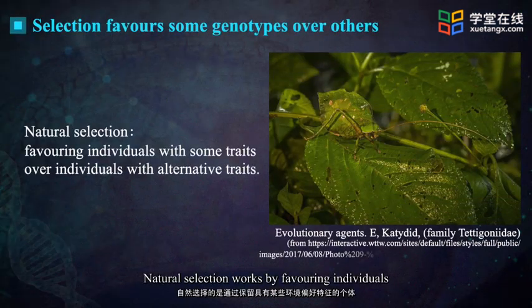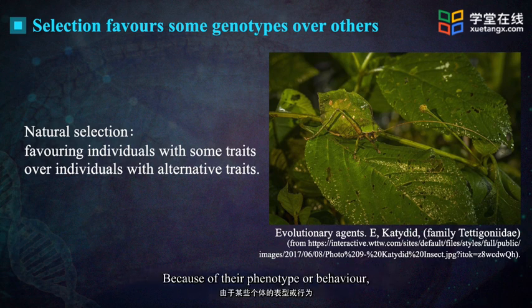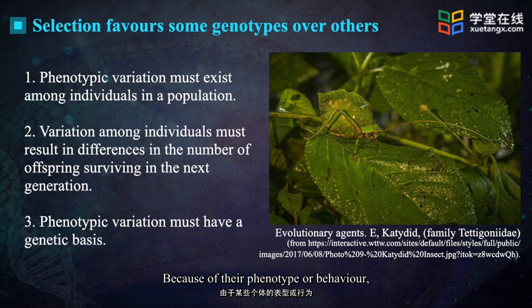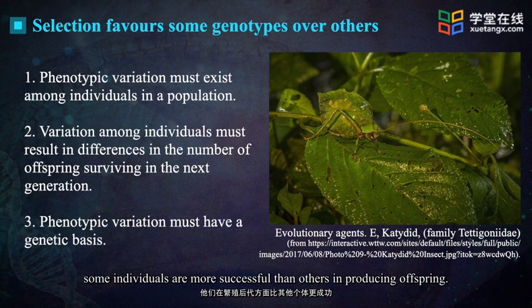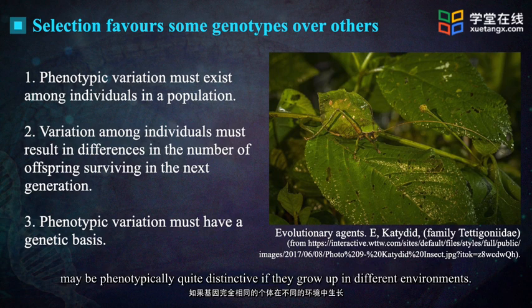Natural selection works by favoring individuals with some traits over individuals with alternative ones. Because of their phenotype or behavior, some individuals are more successful than others in producing offspring. Not all variation has a genetic basis. Even genetically identical individuals may be phenotypically quite distinctive if they grow up in different environments.